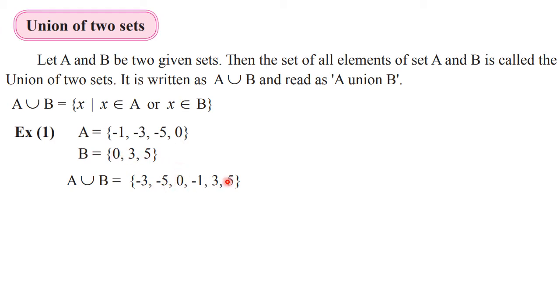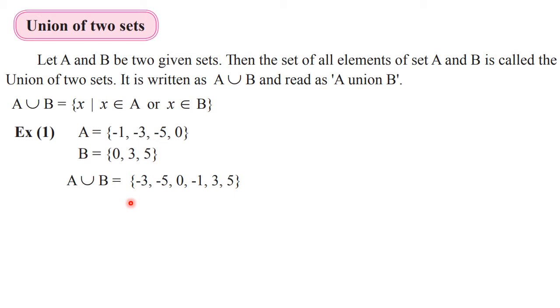Or you can write in any sequence. The only thing is that all the elements of A and B should be present in the union. Now what we can observe is that the intersection may be a smaller set than the given sets, but the union is a bigger set. It contains more elements than A and it contains more elements than B. So a union is always a bigger set and comparatively the intersection is always a smaller set.